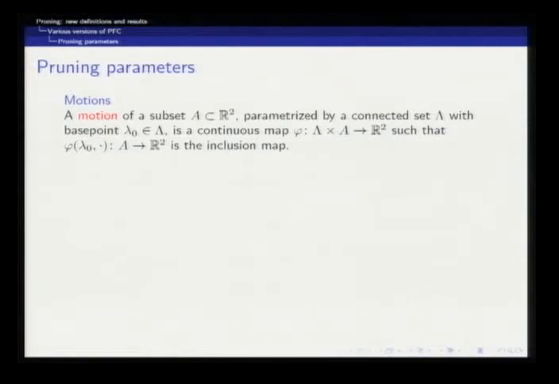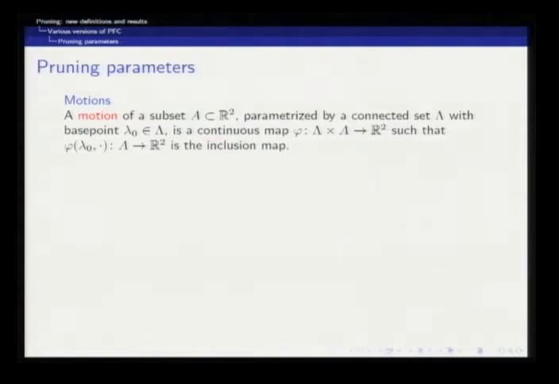So a motion of a set: you take a set A in R2, say, and a motion parametrized by a connected set lambda with a base point lambda naught is a continuous map from the parameter set together with the set A that you're moving into R2, such that at the base point you have the inclusion. Okay? And then it's a continuous map, and you're just moving the set, right?